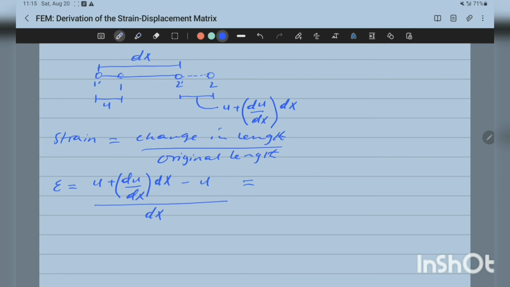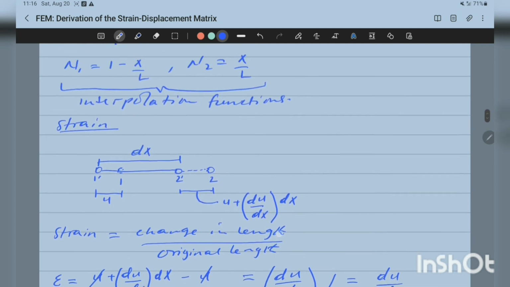So we shall have du dx divided by, because this and this will cancel, out of dx, and our final answer will be that strain is equal to du dx. So the strain is equal to du dx.